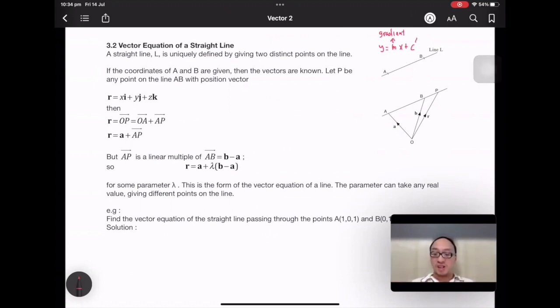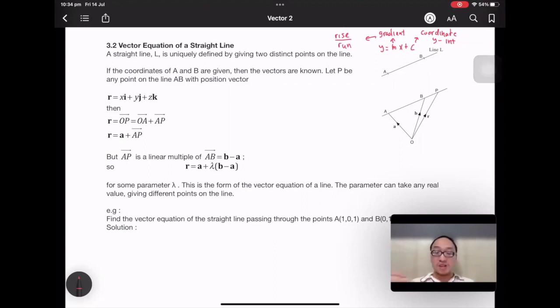C is the y-intercept. Now, gradient. We know that gradient is rise over run.